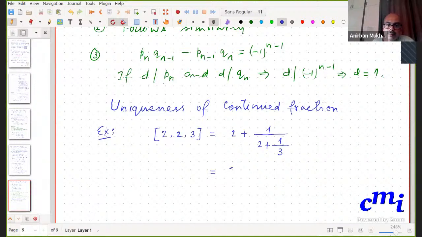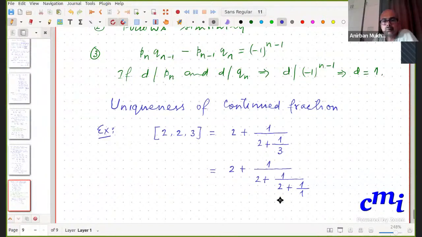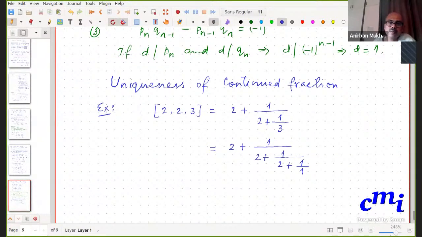Now I can manipulate it in this way: 2 plus 1 by 2 plus 1 by 2 plus 1 by 1. I can write it like this because 1 is allowed as an entry. So this same number is also 2, 2, 2, 1.